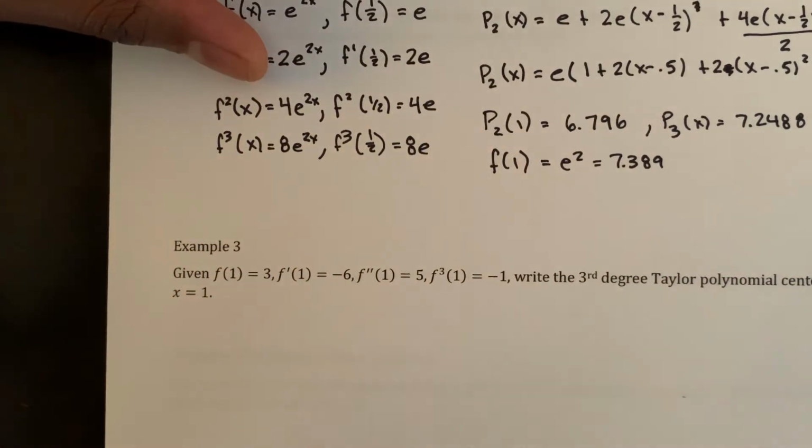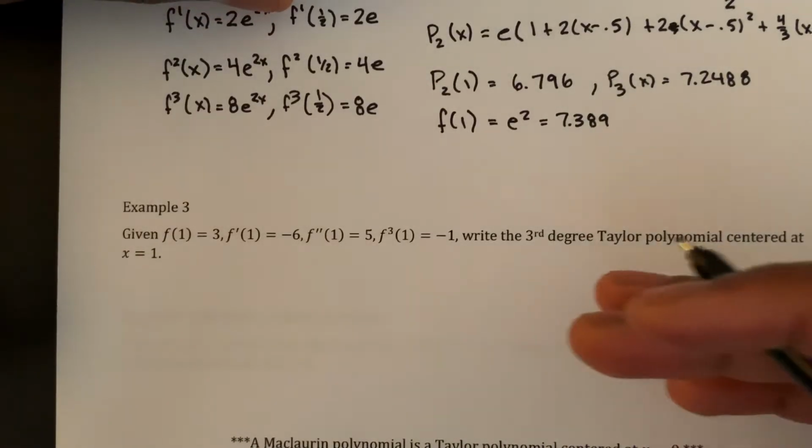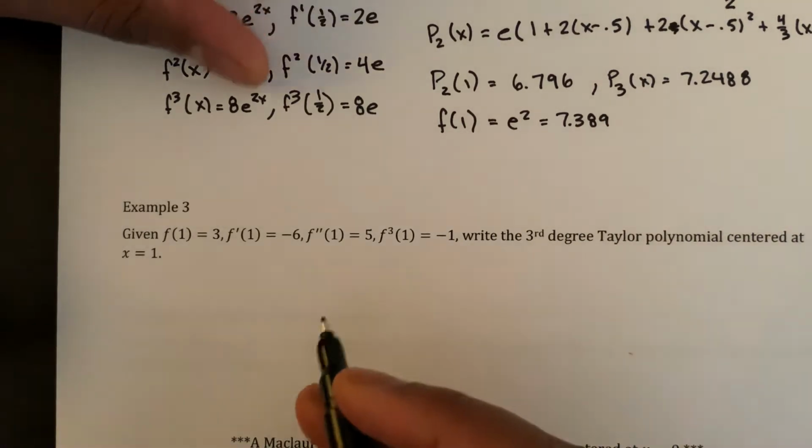So in this case, we don't have to approximate anything because we don't actually have the actual function to calculate anything.